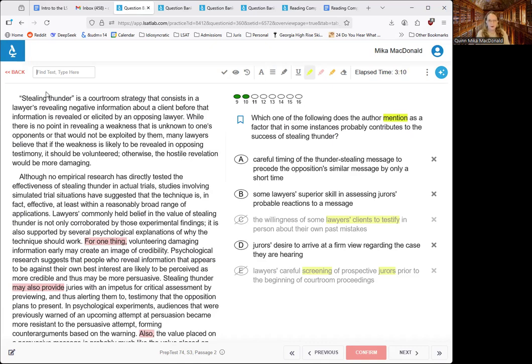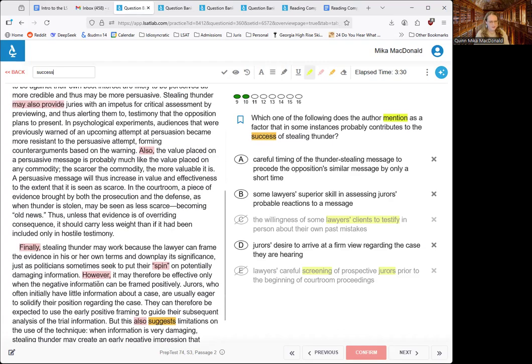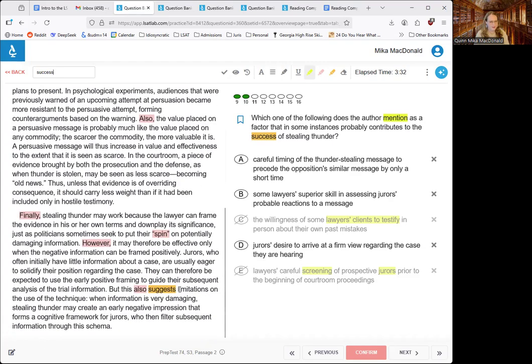They're a proper noun. So proper nouns are great for word searching, right? Makes it very, very easy because there's no risk that the test makers have used a close synonym instead of that word. But here we don't have that. I do see a word like success, and so I could type that in, and I see, no, I have suggest, but not success, right?